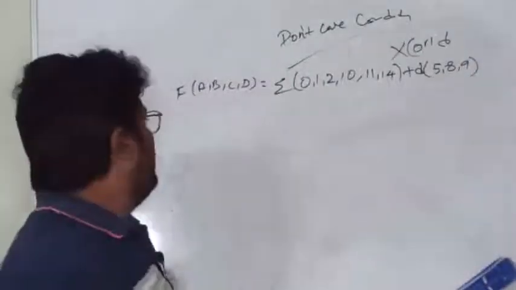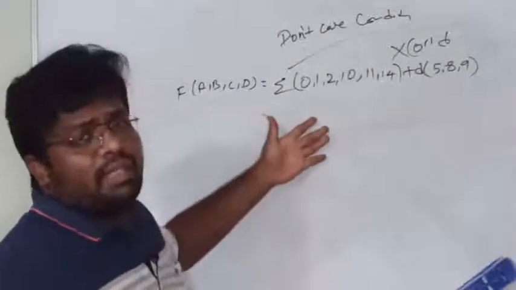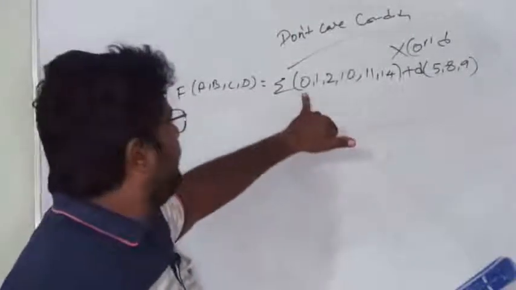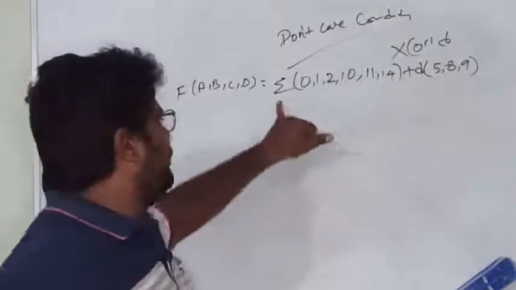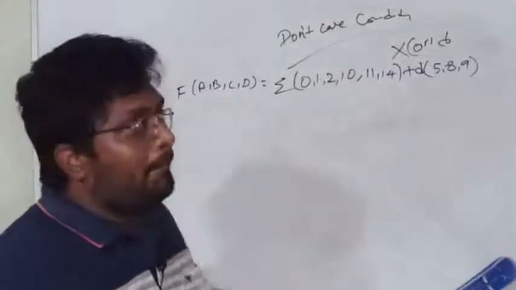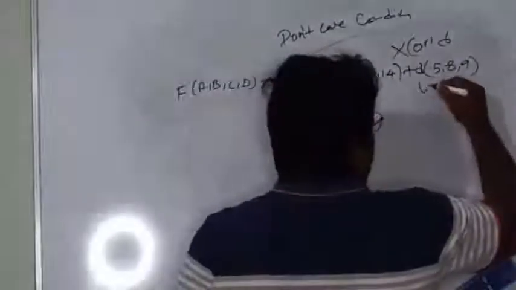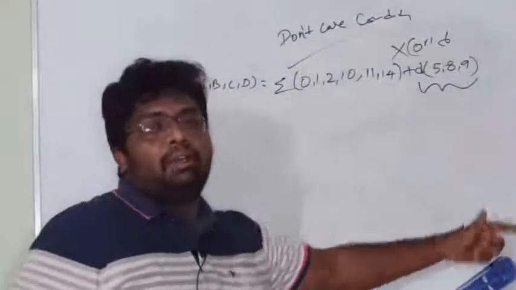If you observe here, we have 4 variables, so this is a 4 variable K-map. We are given the sum of products form, the summation of 0, 1, 2, 10, 11, 14, plus the don't care conditions, d of 5, 8, 9.